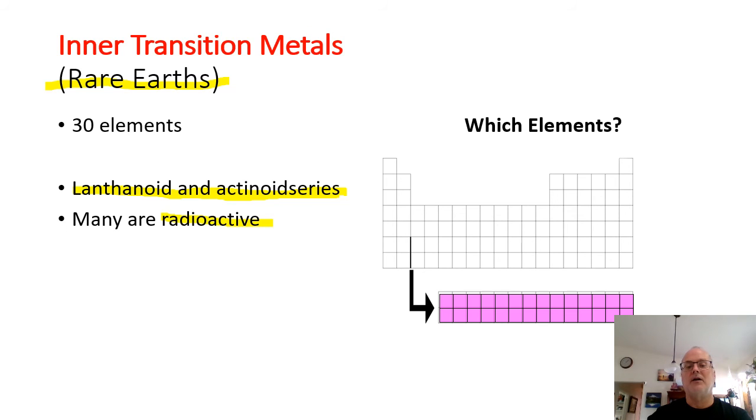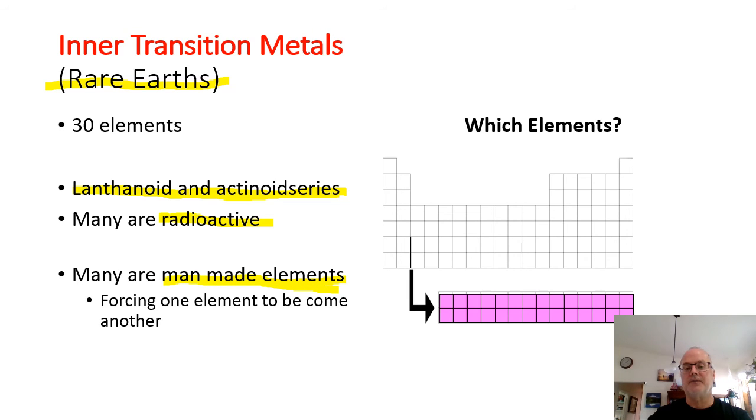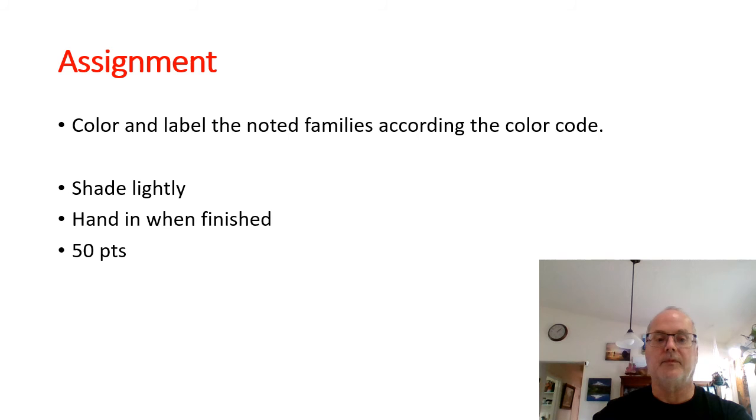They almost all are radioactive. These are where radioactive elements come from. And I would say about 90% of them are man-made in nature, which means that we've taken elements and we've forced them to become something else. Usually the way that happens is through the bombarding of neutrons. Adding neutrons to an element will force it to become a different element over time.